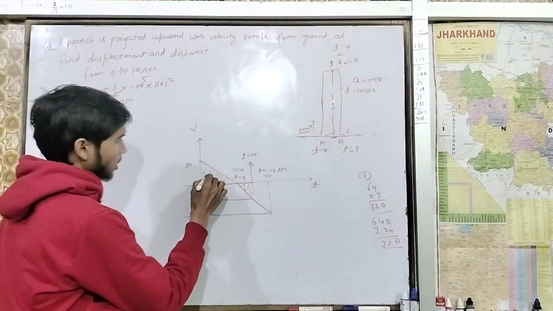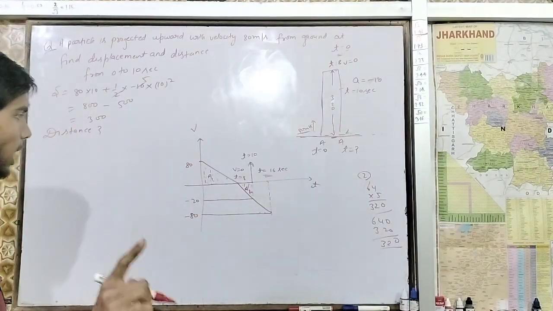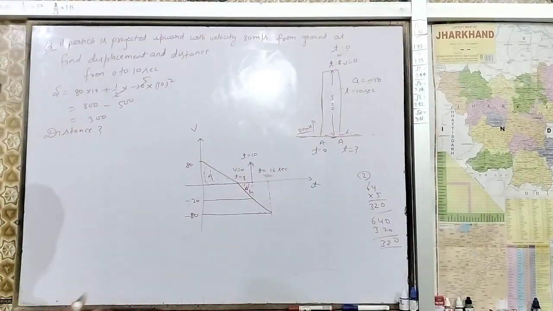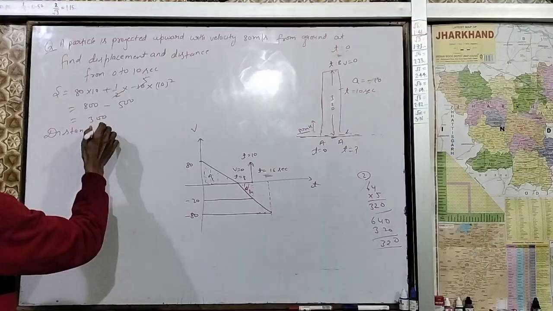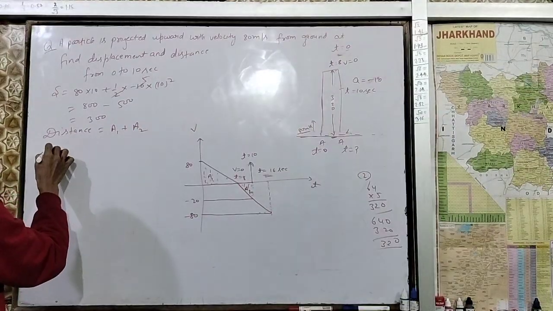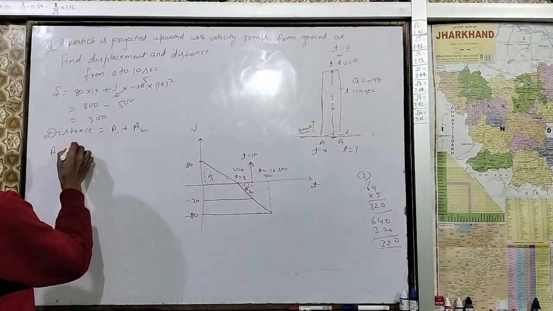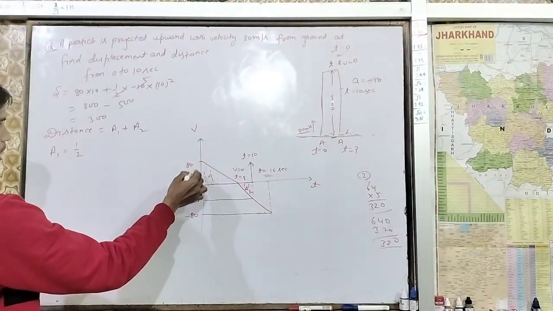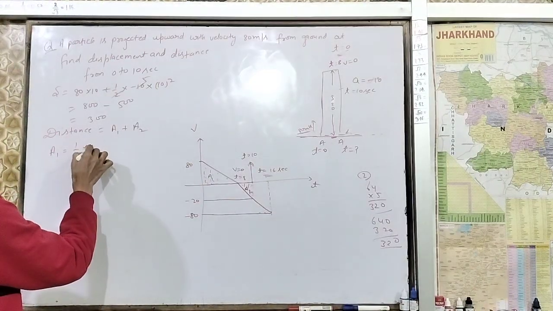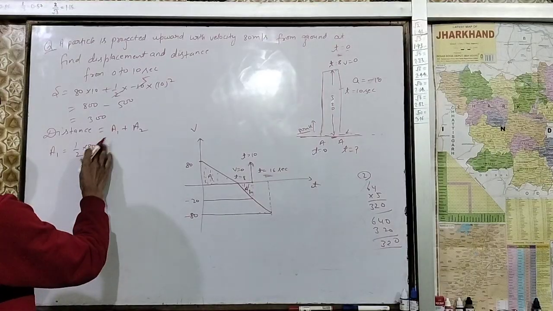So can you say this is A1 plus A2? We have two triangles. So distance would be A1 plus A2, where A1 is 1 by 2, and this height is 80, and this base is 8.